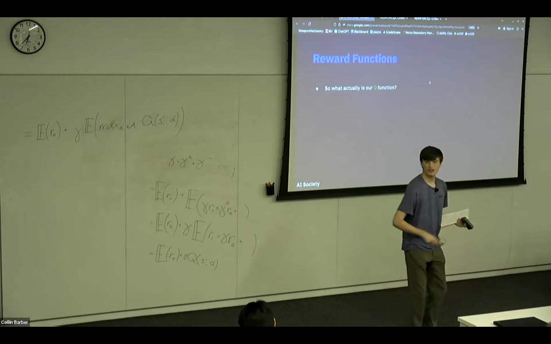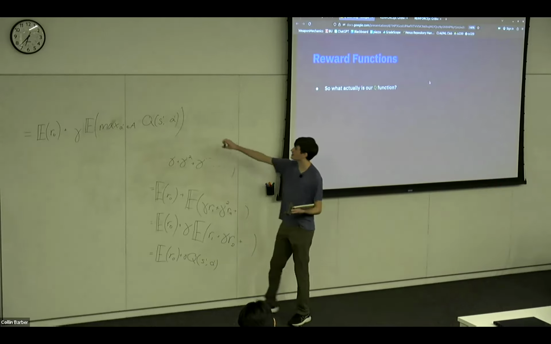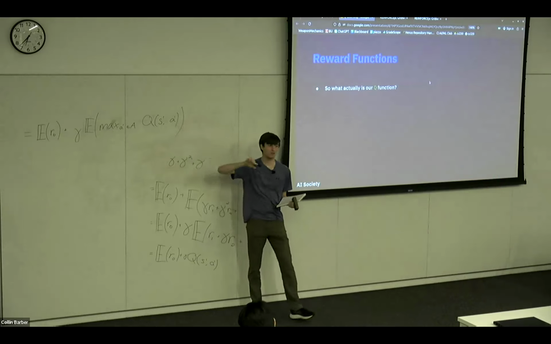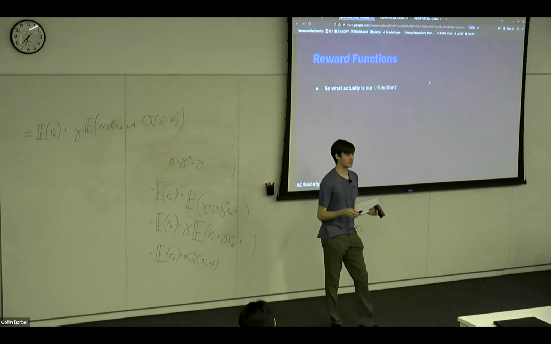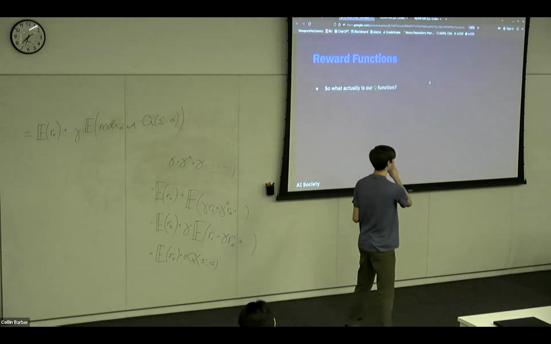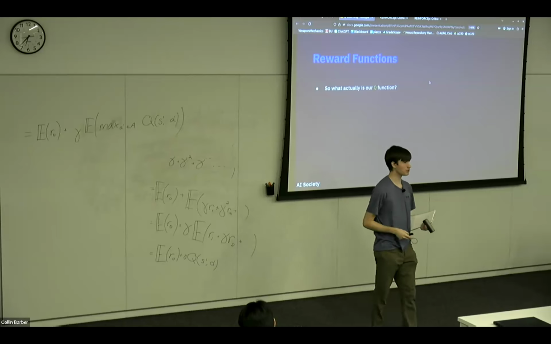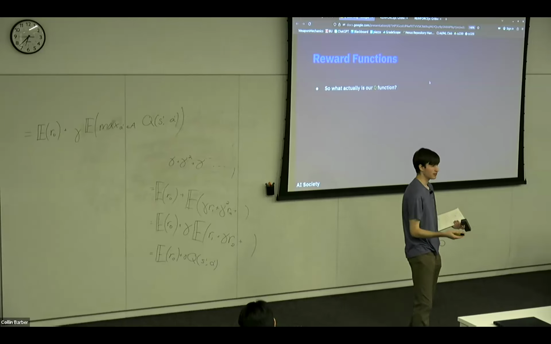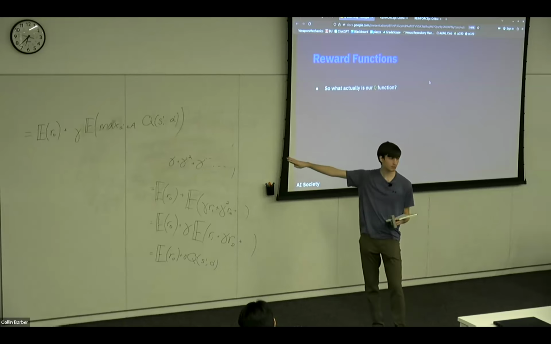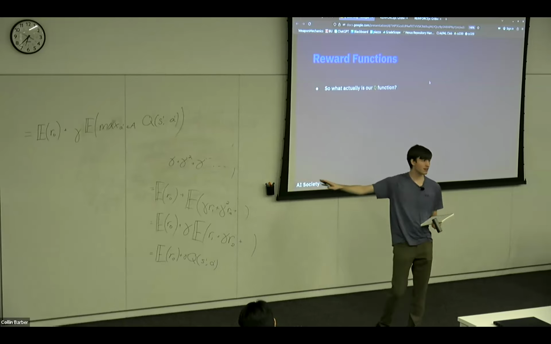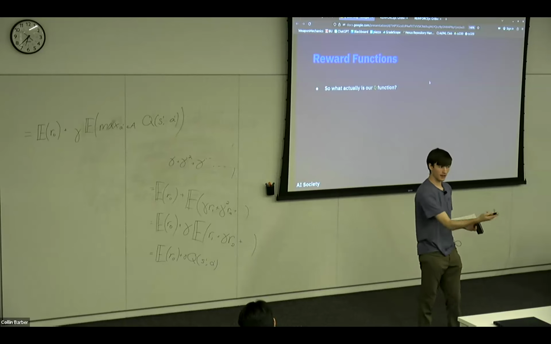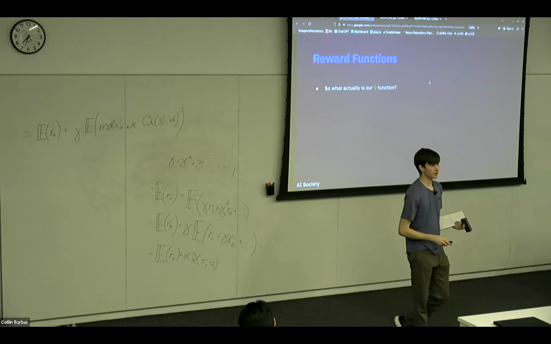It depends. If you have the exact answer to this equation, you probably have a simple model, so your P and your R are probably available to you. So you just do value iteration. If you have a perfect Q and it's easy, you would probably do value iteration. And I think that's closest to what you're describing.